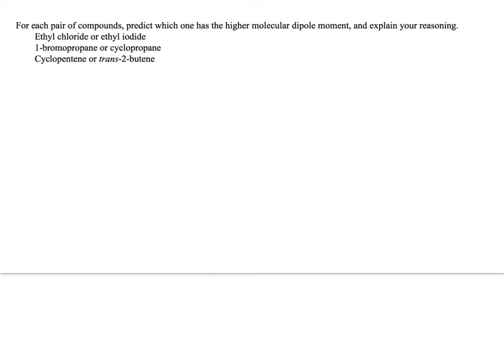For each pair of compounds, predict which one has the higher molecular dipole moment. So you have ethyl chloride or ethyl iodide. For this problem, I think after looking in the book, let's make the correction, which one has the higher, I think what we want here is the boiling points, because we're talking about physical property.